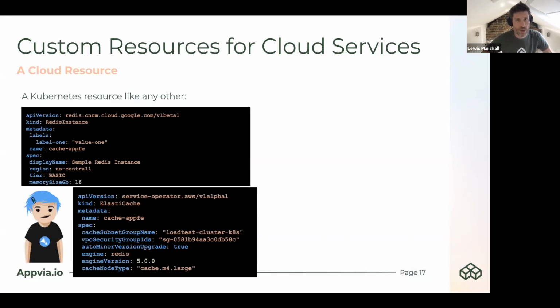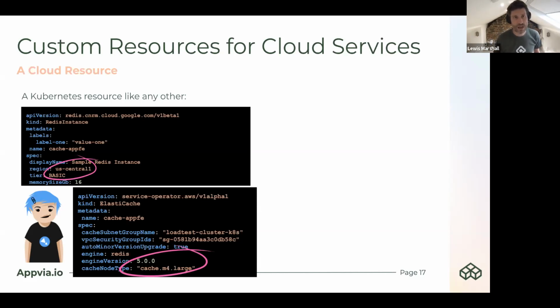Here we've got an example of getting a Redis instance through Google and Amazon with their operator product direction. So this is the cloud config connector from Google, providing a Redis instance, and the service operator from Amazon. Very similar products, but fundamentally they look completely different.